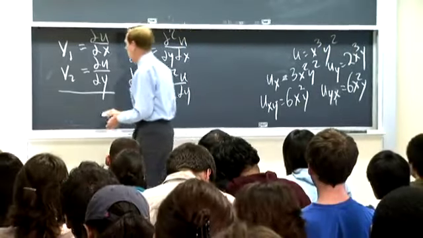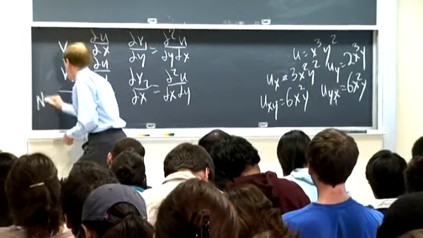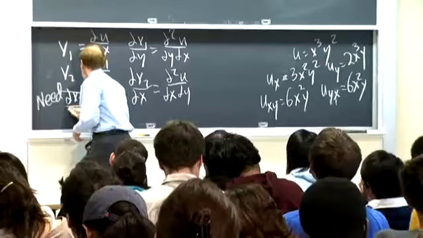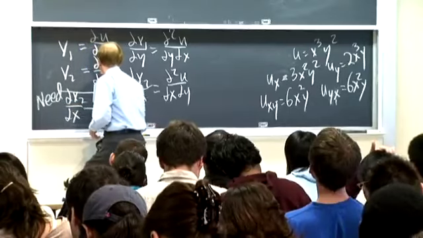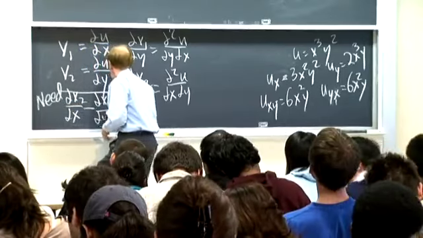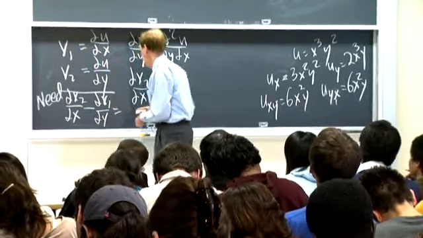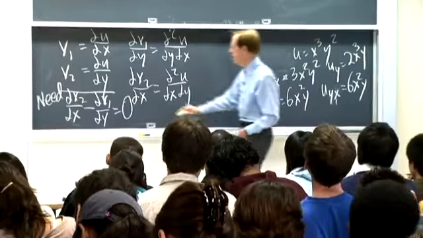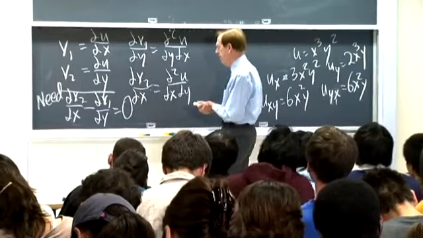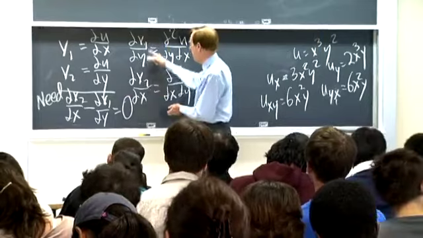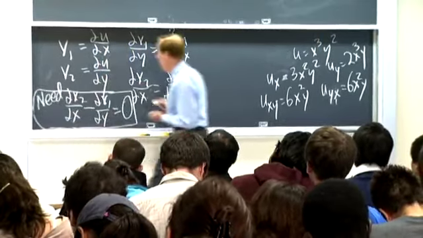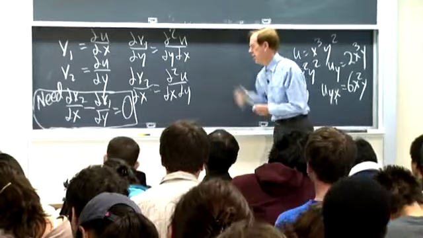So it's solvable only when I need dv2 dx minus dv1 dy to be 0. Okay, that's the conclusion. Those have to be the same. dv2 dx minus dv1 dy has to be 0.